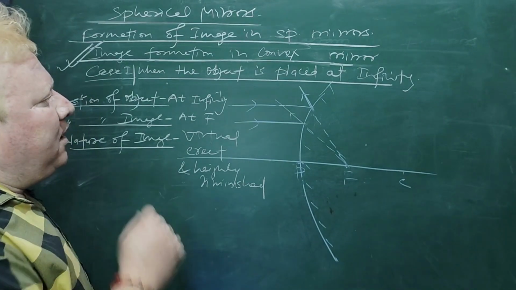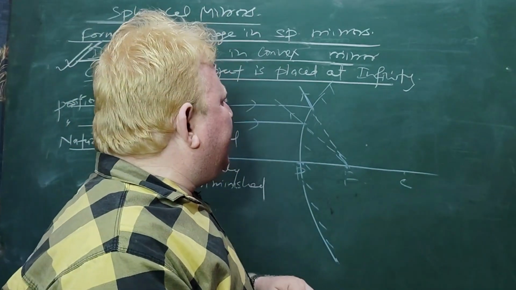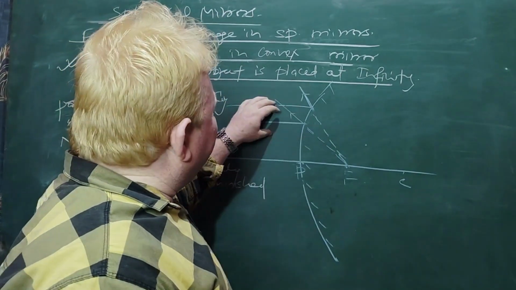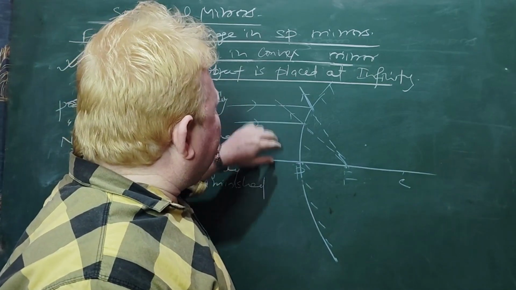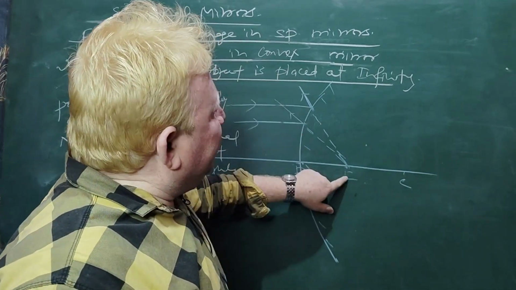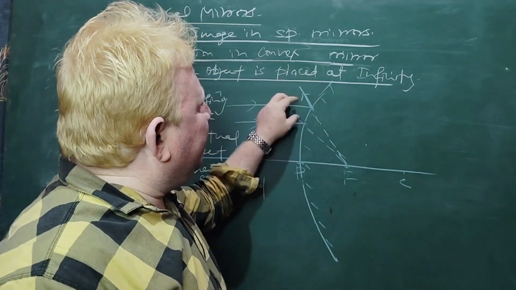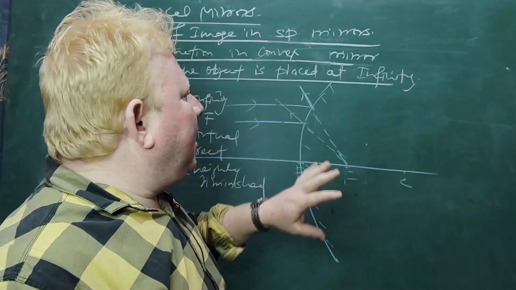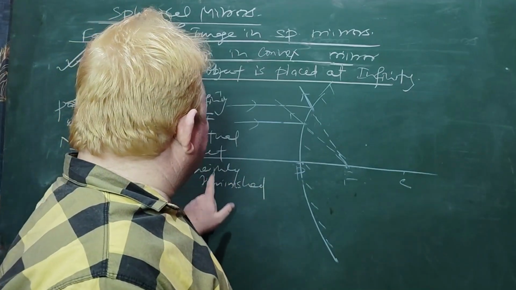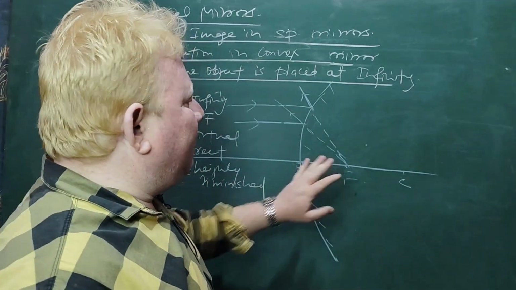So this is case number 1, when the object is placed at infinity. So assume that light rays are coming from infinity. After reflection, since these two light rays are parallel to the principal axis, they will appear to meet at a point. I mean, when traced back behind the mirror, they will appear to meet at this point where a virtual, erect and highly diminished image is being formed.